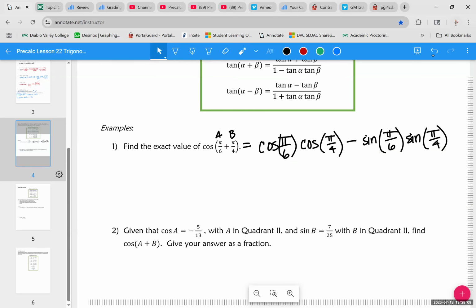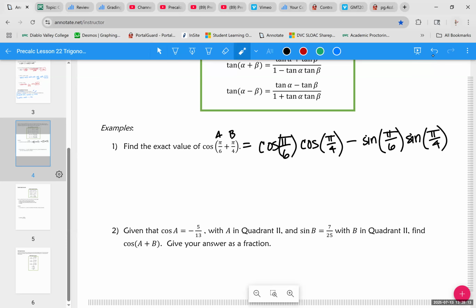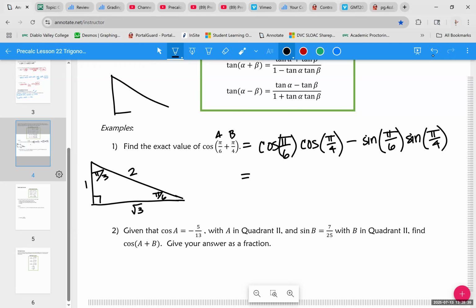And now all it really becomes is a process of filling in these values. You can find these values from your special triangles. At this point, you have either memorized the triangle values and can do it in your head, or you just draw it. It doesn't matter. 30 degrees would be pi over 6. That's where the root 3 is. And then the 45, pi over 4.